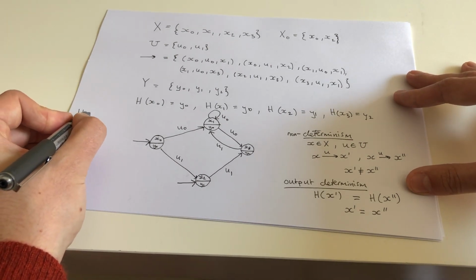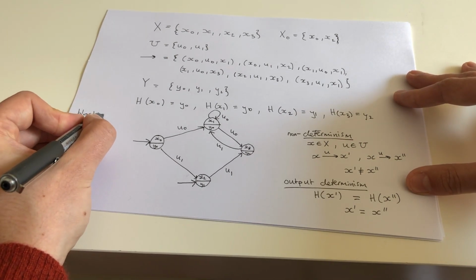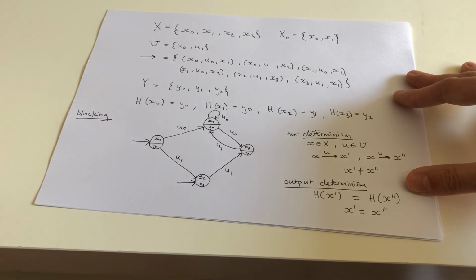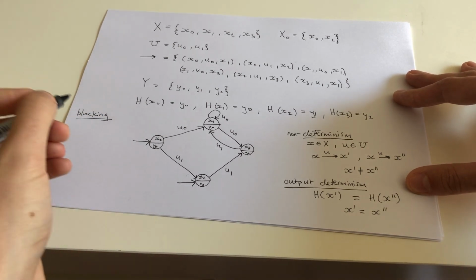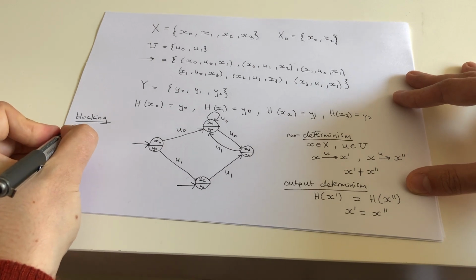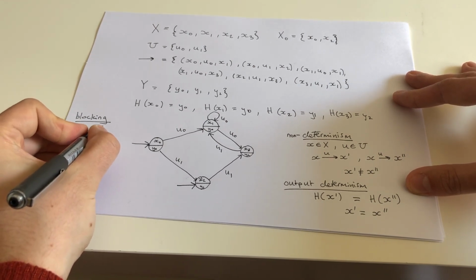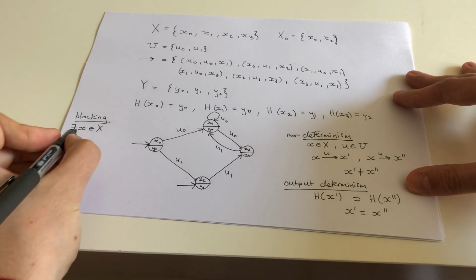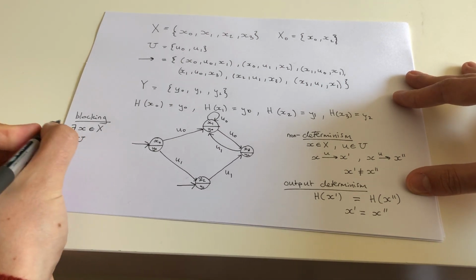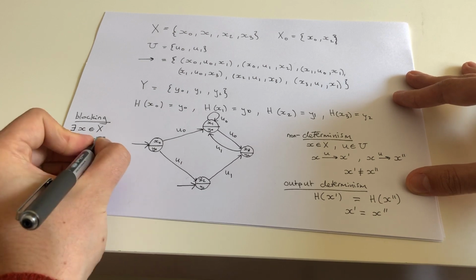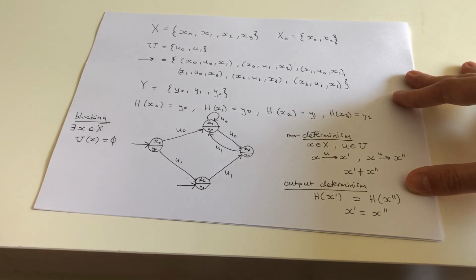Another property we have is blocking. So if a system is blocking, then there should exist some state within our set where U of X is the empty set.